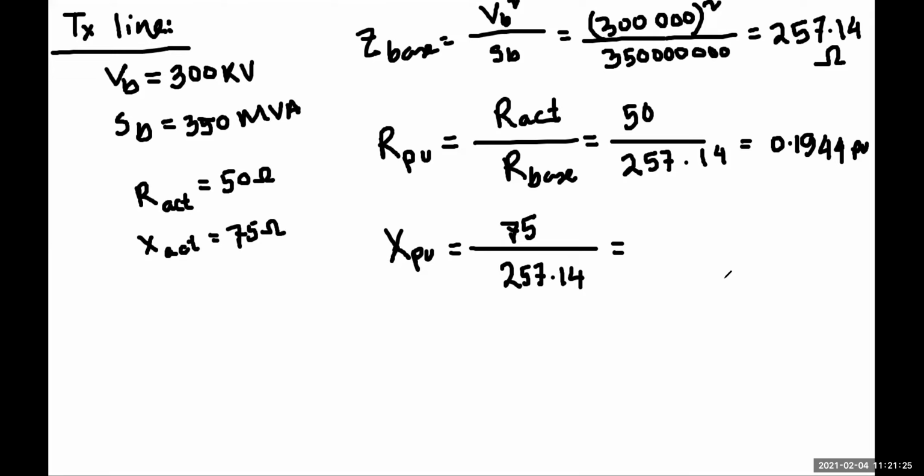Your value is 0.2916, 0.293 actually. You got it? XPU and RPU for the transmission line, right? Hello? Yes, sir, we get it, sir.